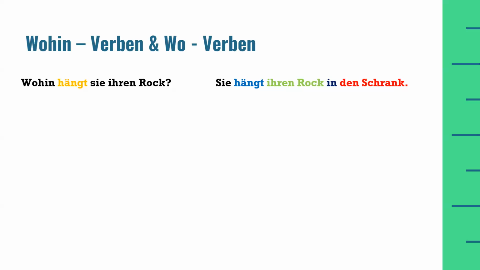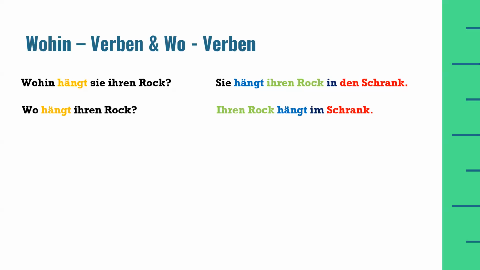In den Schrank. In is also a two-way preposition, and Schrank is a masculine noun, which means because of the movement in this sentence, in will act like accusative, and we will use the definite article for the masculine noun Schrank from the accusative case, which is den.